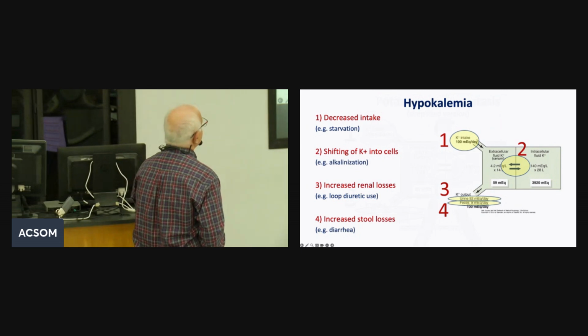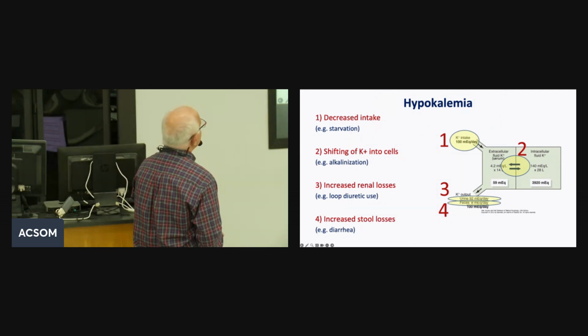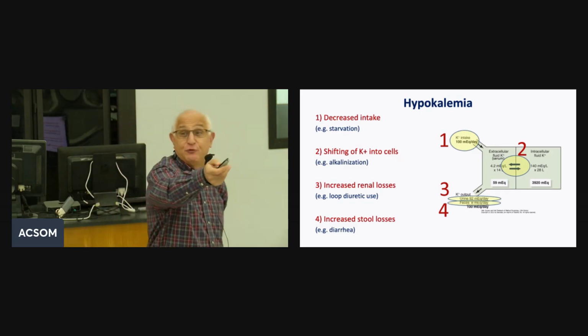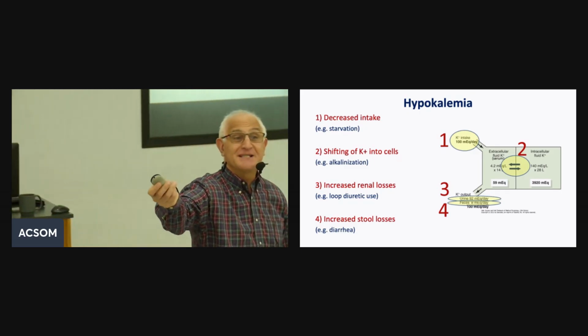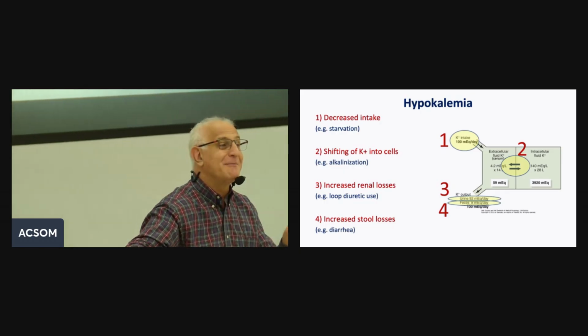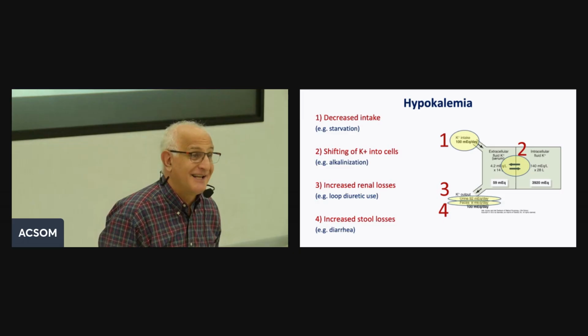Number one is here. Remember? Low intake, starvation, fasting, anything. They go on food strike. You know what kills them when they go on food strike? The prisoners? Hypokalemia. They will have cardiac arrest.